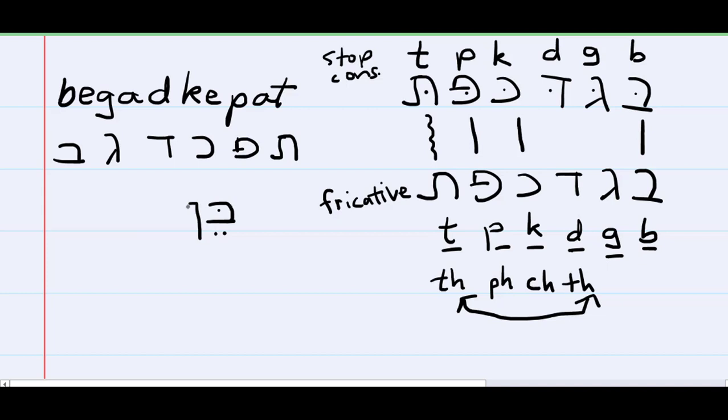B, ben. On the other hand, if I take this word, forget about the vowels for a moment, you're looking at the bet without the dagesh, this is pronounced av, not ab with a hard B, but the B is a fricative B. Av. And it sounds like a V sound.